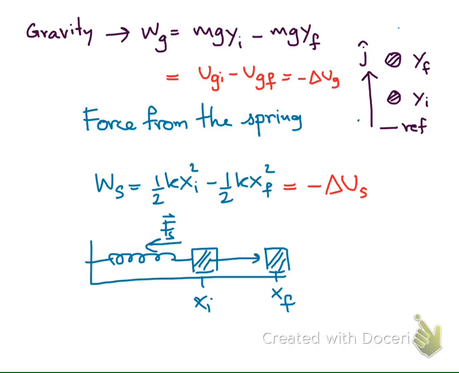In general, for an internal force or the force of interaction inside the system, we will have that Wint is equal to the minus of the delta U, or the change of the potential energy.